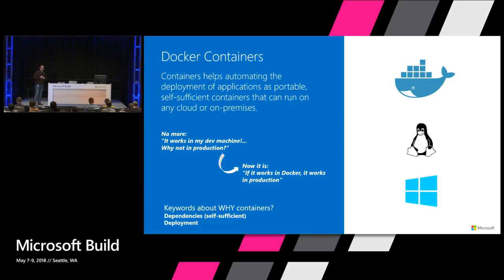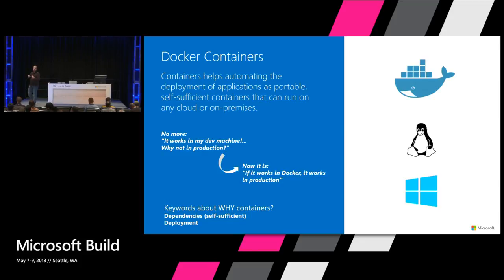And why Docker? Basically, probably you have heard, hey, this works on my machine, so why not in production? Usually, a lot of those cases are because in production you were missing some dependency that you have on your machine. Like maybe it was using a different version of .NET Framework, or you had a DLL or some library on your local machine, and that is not installed in production, and then you were getting those issues.